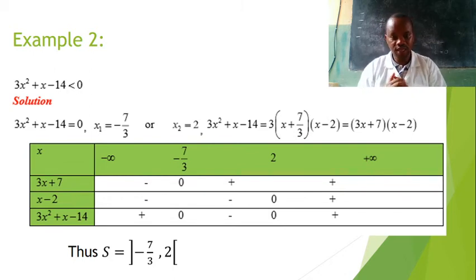We do the same for the x minus 2. We look for the number in the range from minus infinity up to 2 exclusive. We can even take 0. If we take 0 minus 2, we will have negative 2, and we will see that we will have negative sign from minus infinity up to 2, and from 2 up to positive infinity.